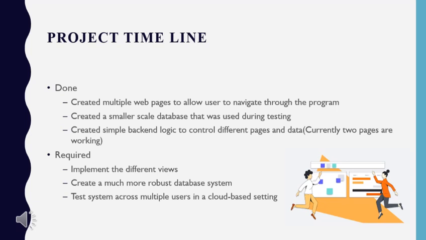We also created a smaller database just to understand how the framework works with adding and manipulating the database. We've also created very simple logic for the backend, just so that we are able to navigate through different pages. Currently, we only have two of the pages working, which will be shown later in the demo.